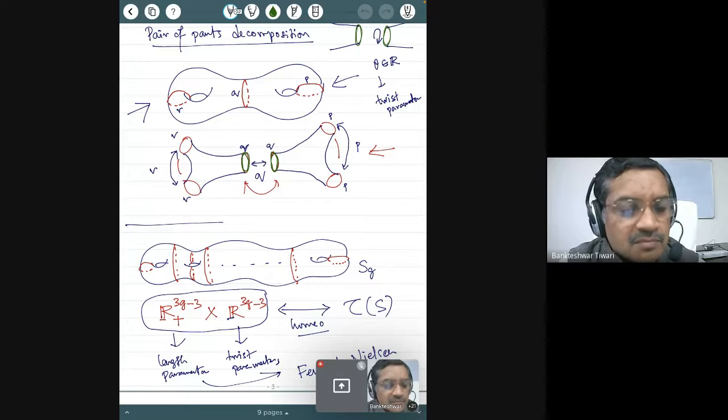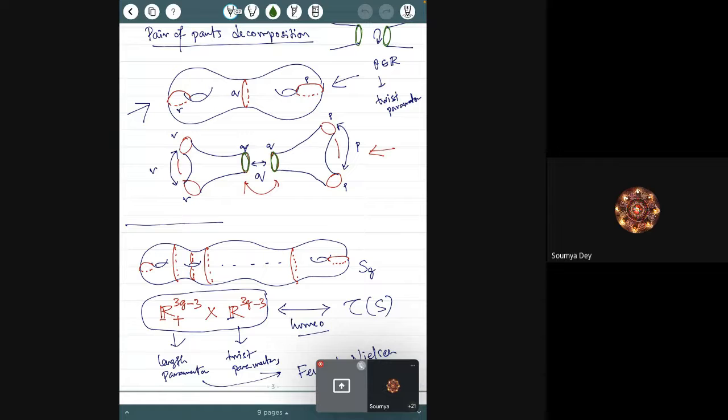And if you have some pair of pants decomposition, then you can of course talk about hyperbolic structures. So you cut along these curves, and as I discussed last day, you can glue two right angled hexagons from your H2 and come up with finitely many hyperbolic pairs of pants, and then you glue back so that the lengths are matching.